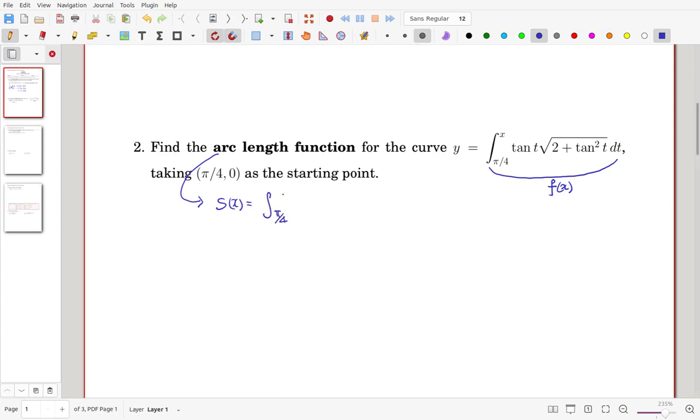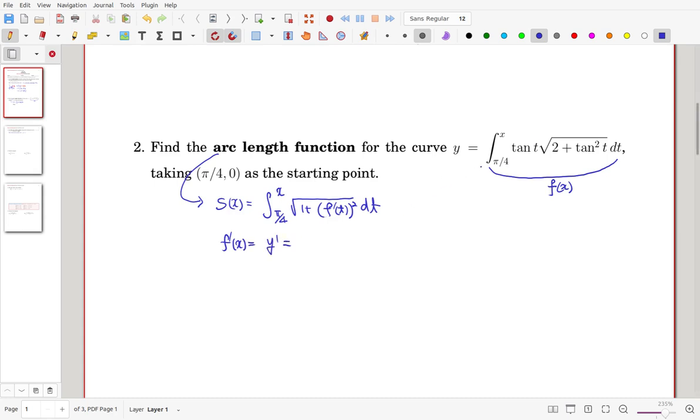From pi over 4 to x, the integral of the square root of 1 plus f prime squared. Let's use the variable t and dt. That's the definition of the arc length function. So here we have to find f prime. Now f prime of x equals y prime.